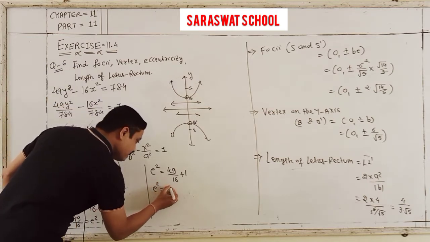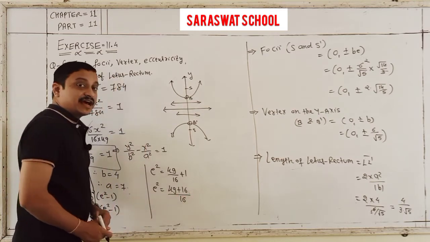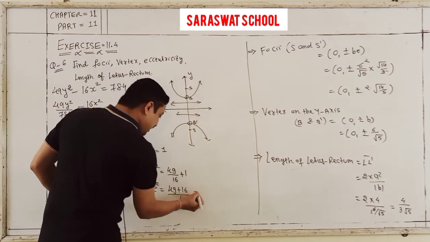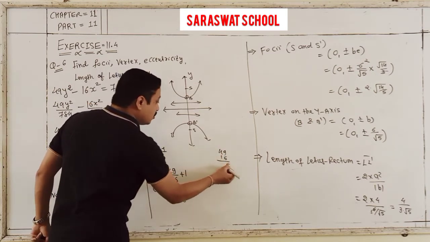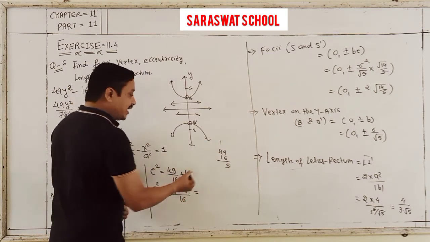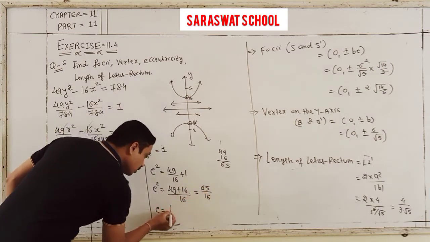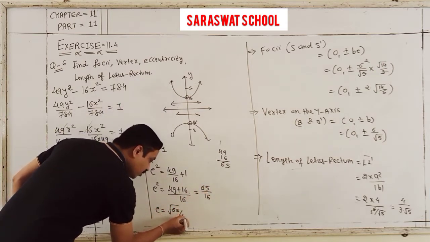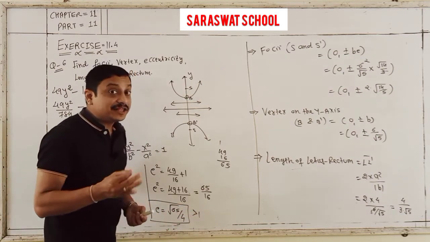Now LCM: 49 plus 16 by 16. Finally adding 49 and 16: 9 and 6 is 15, 1 carry, 4, 5 and 6 is 65 by 16. So e becomes root 65 by 4. That is surely greater than 1.